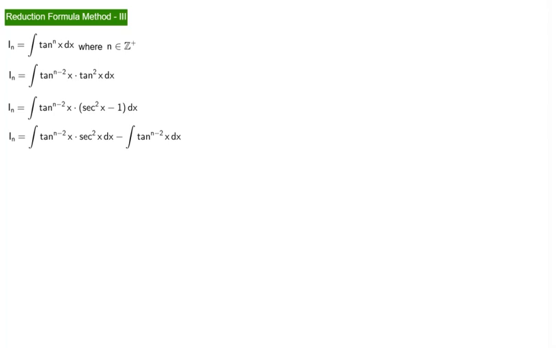Let's take the first term and integrate it. Now we do the substitution. u is equal to tan x, so that du is equal to sec square x dx.